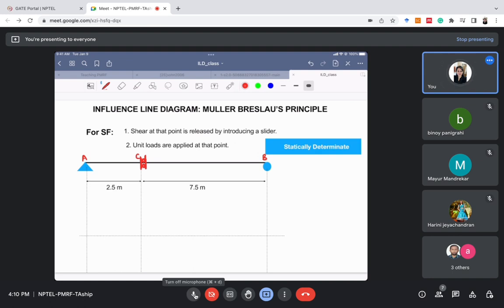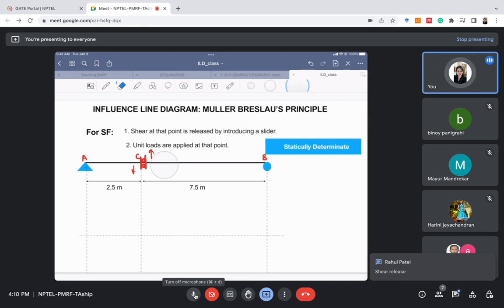Okay, so what is the effect of these rollers? Because of this roller, these two parts AC and CB can now move independently in upward or downward direction. Imagine some wheels in between at point C, then these two parts AC and CB can move independently. You can call it a shear release also, right?